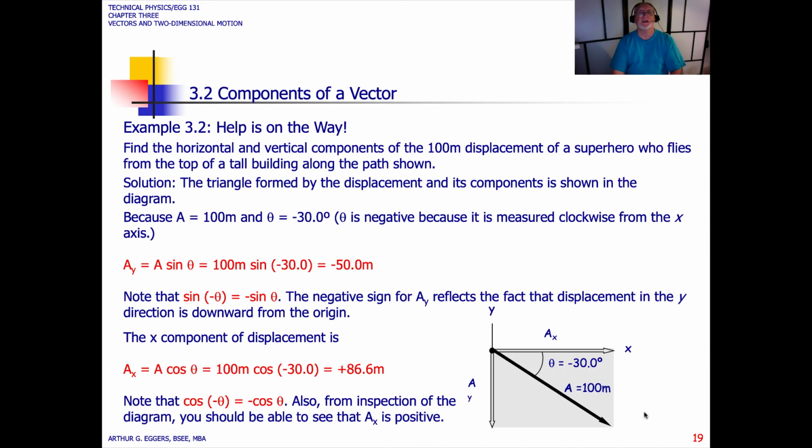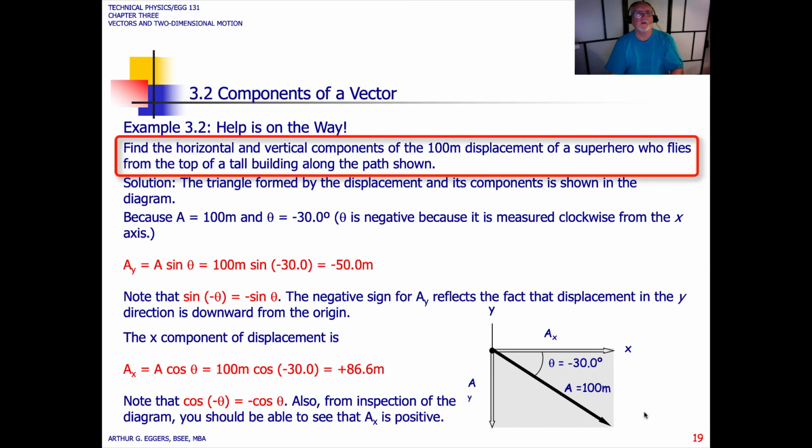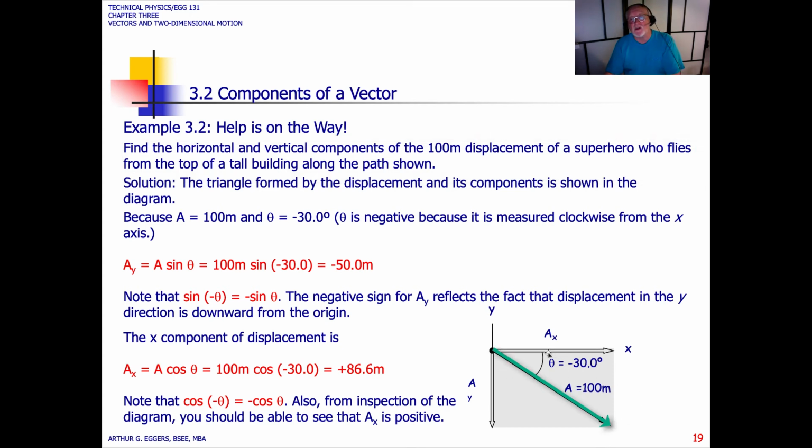So let's look at an example here. This problem says find the horizontal and the vertical components of the 100-meter displacement of a superhero, like Superman, who flies from the top of a building along the path shown. So if you can imagine here, this A is the path shown, and these are the vector components that we're going to deal with.